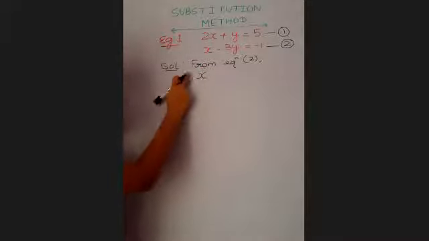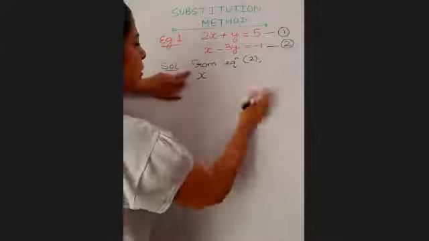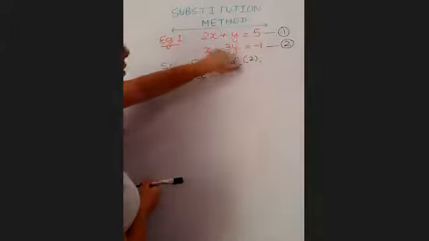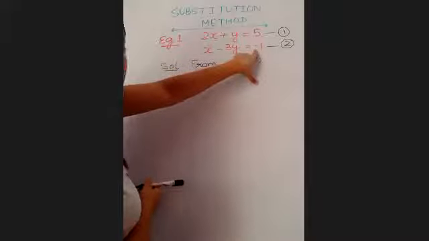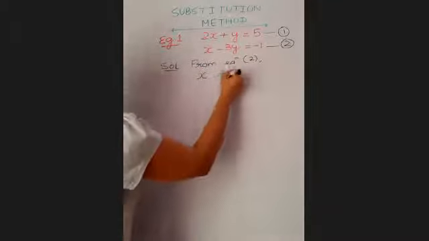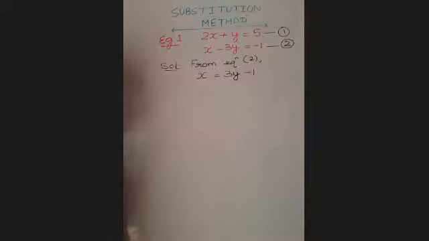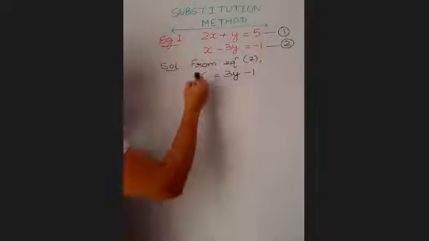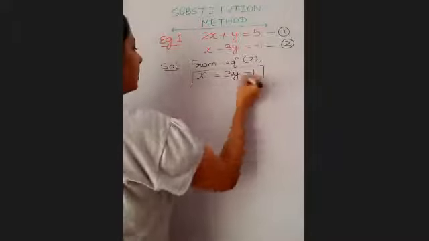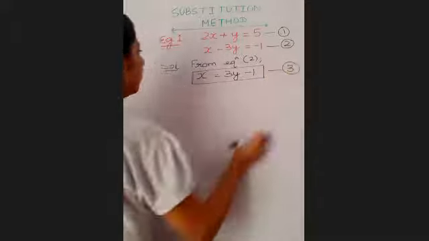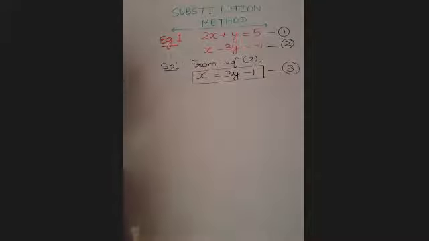The coefficient of x is 1, so x equals 3y minus 1, moving minus 3y to the other side as plus 3y. Call this equation 3. You are going to substitute x as 3y minus 1.